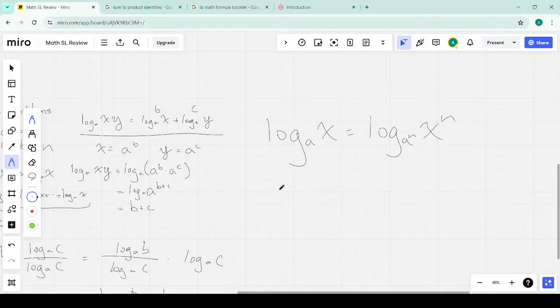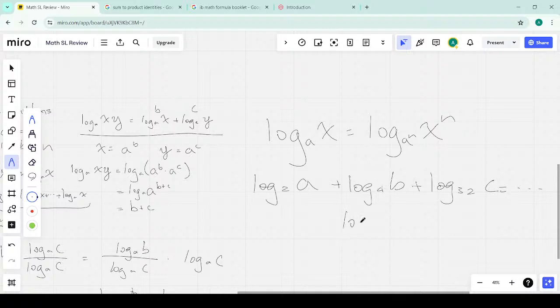This is very useful when you have a question, say, log 2 of something plus log 4 of something plus log 32 of something equals blah blah blah. And obviously your goal is to change everything into the same log. A more intuitive way would be to take the square root of this, right?